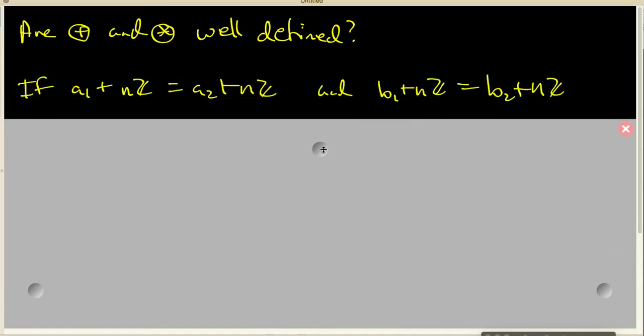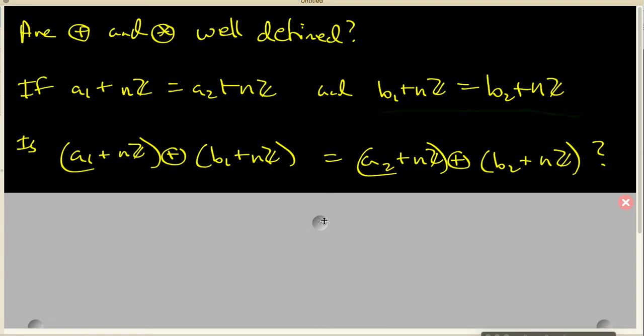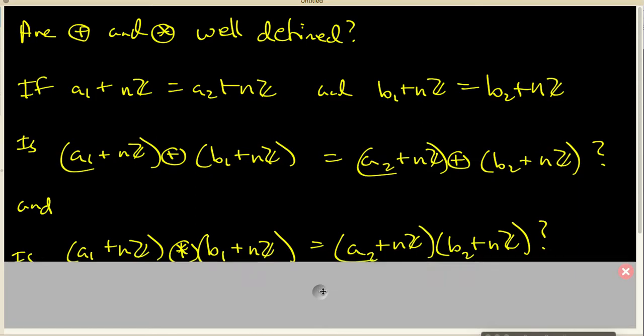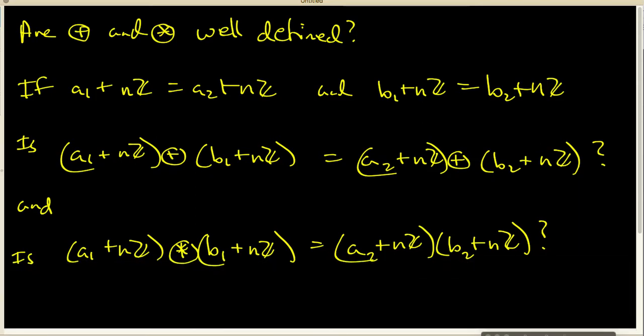If we take two names for the same coset, in other words, a1 + nZ and a2 + nZ are the same coset, and b1 + nZ and b2 + nZ are the same coset, but they're different names, the question is whether or not, when we add the two things, we get the same answer, and when we multiply the two cosets, we get the same answer. That's what we're going to be investigating in this video.